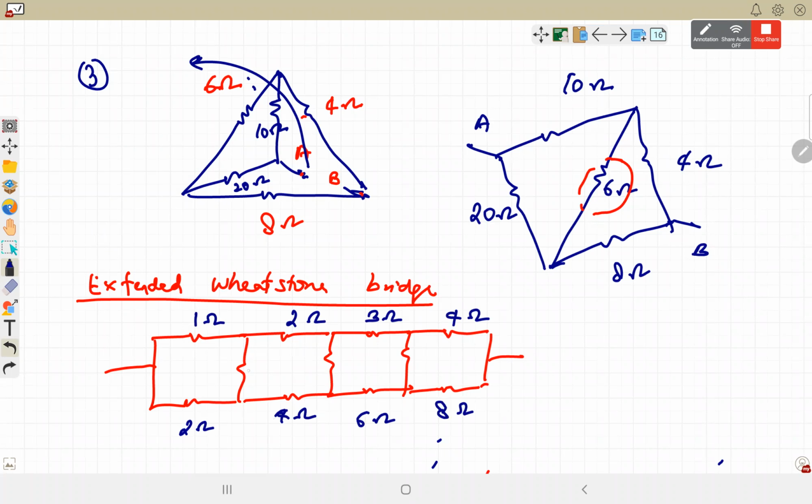In all these cases, X, Y and Z can all be removed because the resistance ratio on both sides is exactly the same. In an extended Wheatstone bridge, all these vertical resistances X, Y and Z can be removed from the circuit.